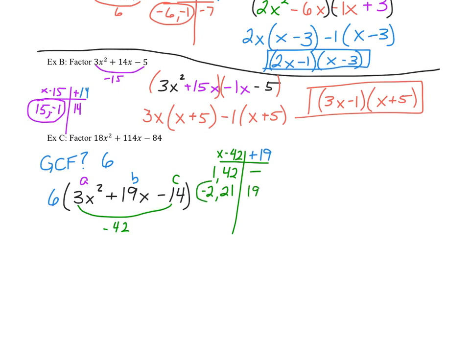So 21 and -2 are my combo. So I'm going to break my B value into those. Again, it really doesn't matter if I do the -2x or the 21x first. Make sure you put x's next to them, though. That is very important.